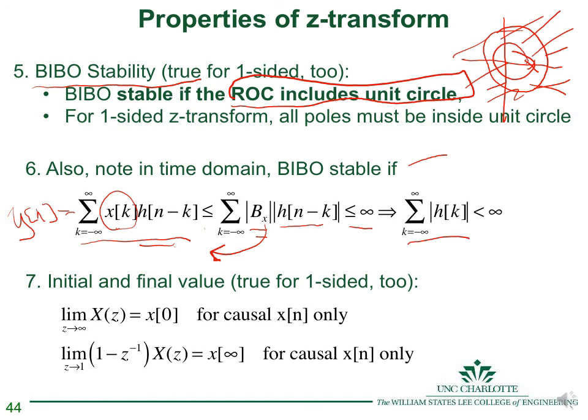These can be infinite sums. A simple example would be 1/2 to the n u of n. So that would be 1, 1/2, 1/4. And we know that the sum from 0 to infinity of 1/2 to the nth power equals 1 over 1 minus 1/2, which equals 2.